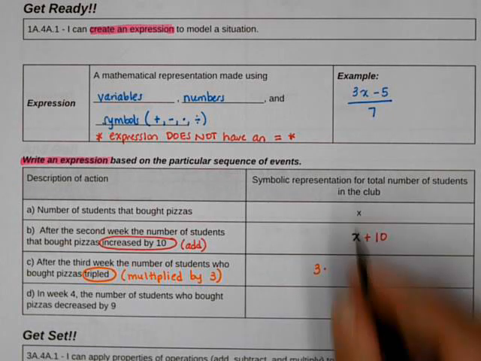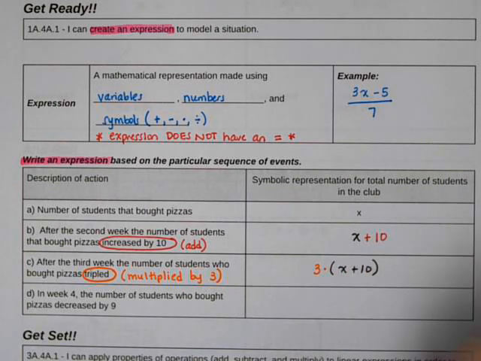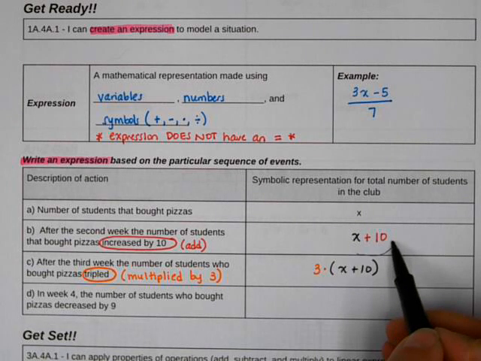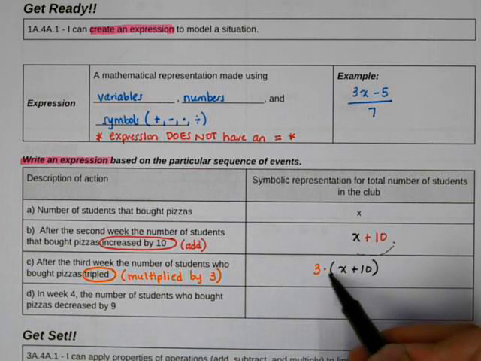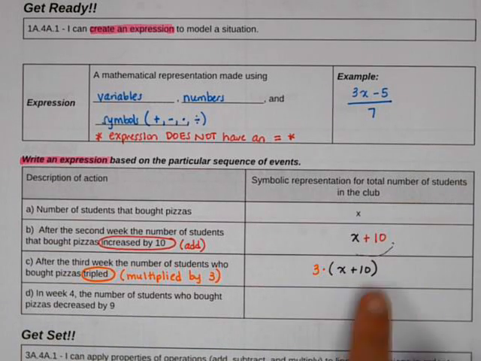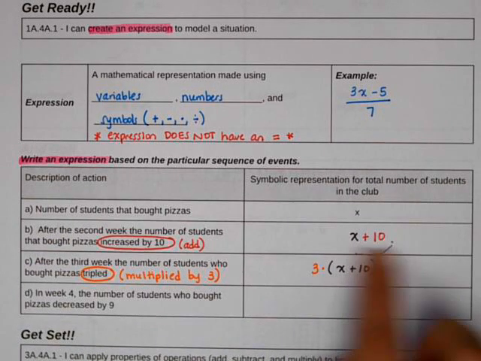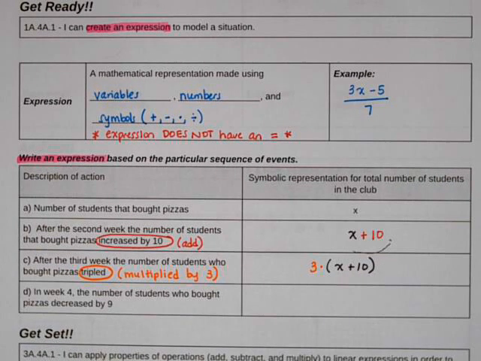In this case, what I already had was the x plus 10. So you'll notice I kept the part of the expression I'd already created, and I made it longer by adding in 3 times that parentheses. The parentheses here is really important. It's important to have the parentheses because it tells us that we're multiplying this entire quantity by 3. If we didn't put the parentheses there, it would not have the same mathematical meaning.